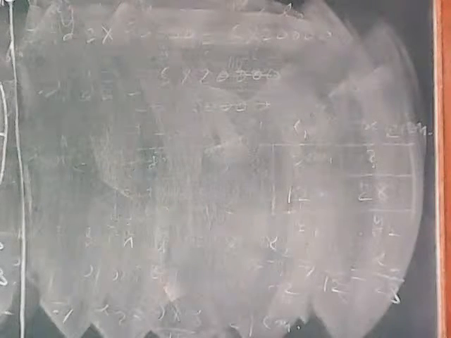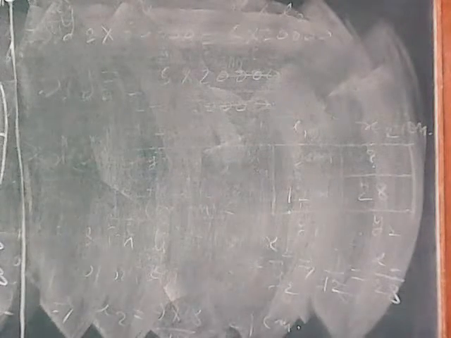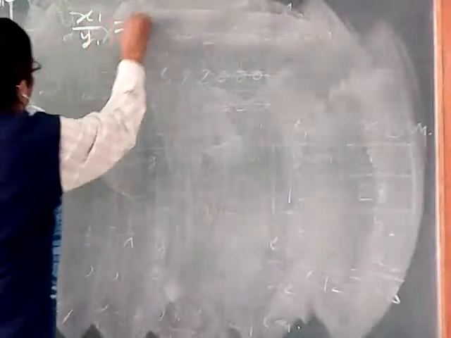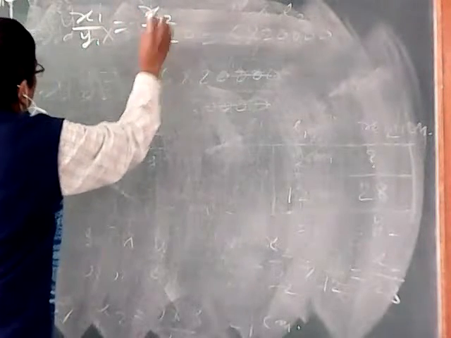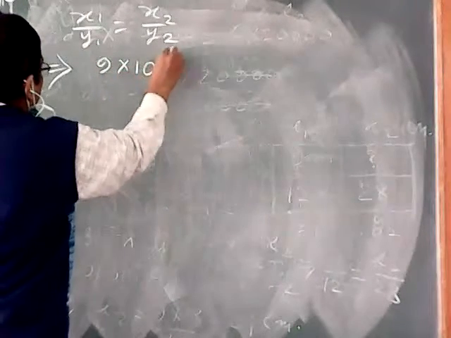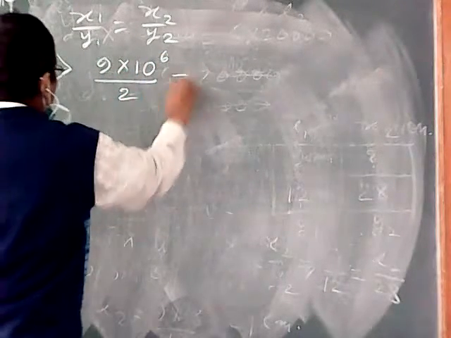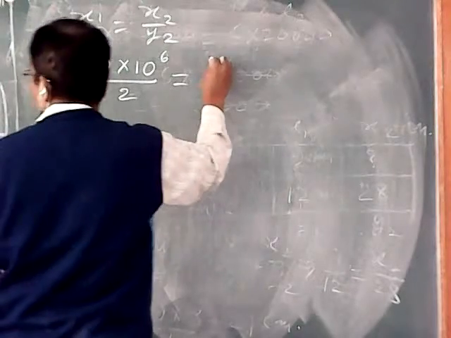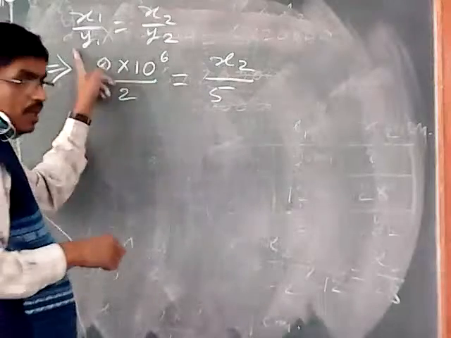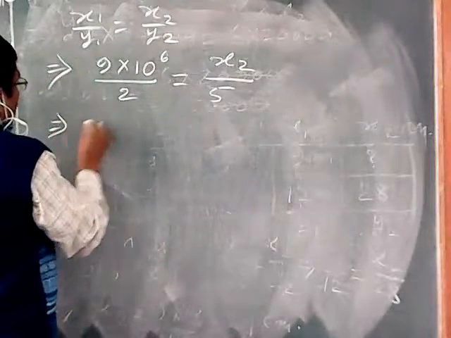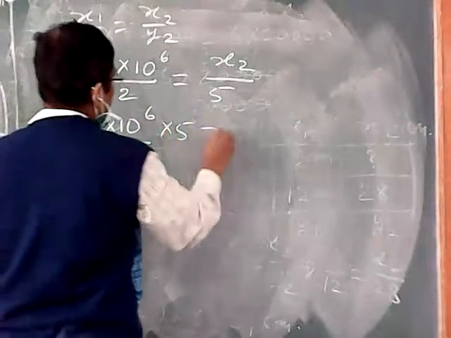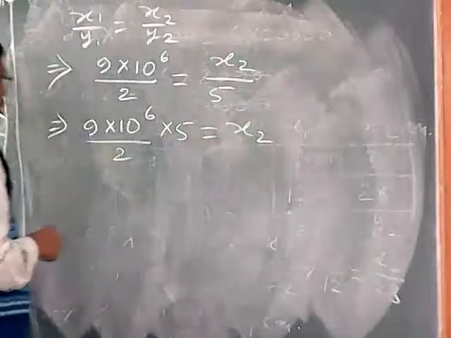First x1 by y1 is equal to x2 by y2. This implies 9 into 10 to the power 6 by 2 is equal to x2 by 5. Transpose to this side, we can have the equation and we can solve. This is the value of x2.